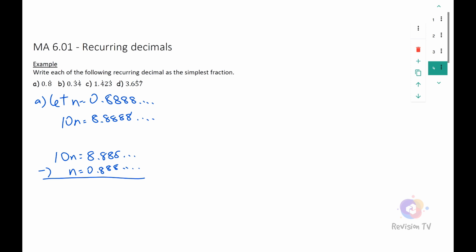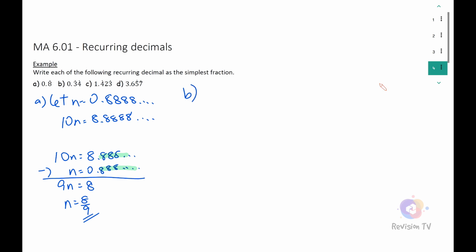We need to make sure the recurring decimals at the back are lined up, so when they take away from each other, that goes to 0. 8 take away 0 is 8. Therefore the decimal doesn't matter anymore, because 8.0 is the same as 8. 10n minus n is 9n. So n equals, divide by 9, n equals 8 over 9. You can use a calculator to double check your answer. 8 over 9 should give you 0.8 recurring.